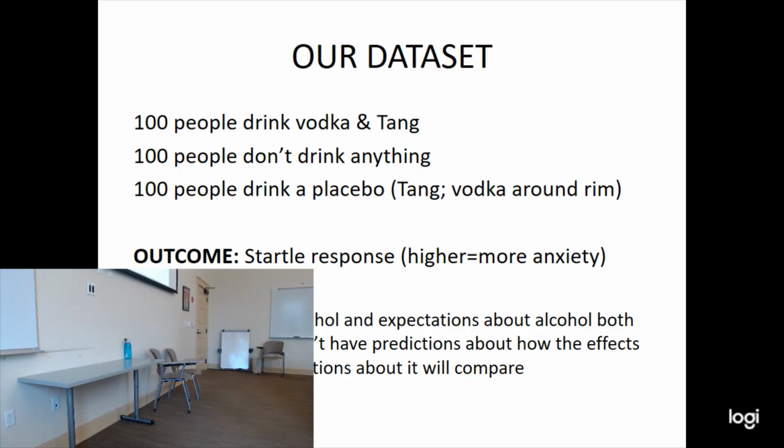So this looks a little bit different from the hypotheses that we were looking at before, because last week we were always making some specific predictions about how alcohol and expectations about alcohol would compare to each other. So we had fully laid out, we fully mapped out exactly how we expected the means to turn out when we did so.